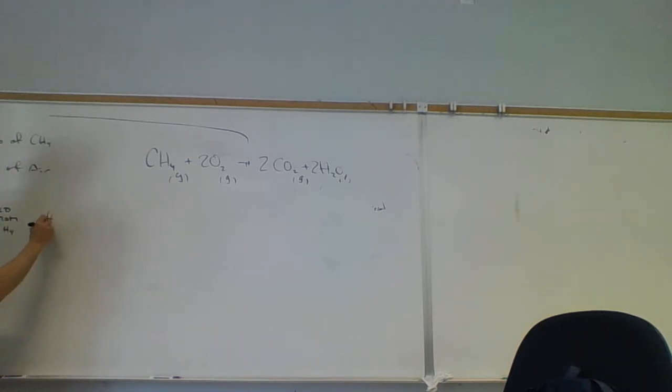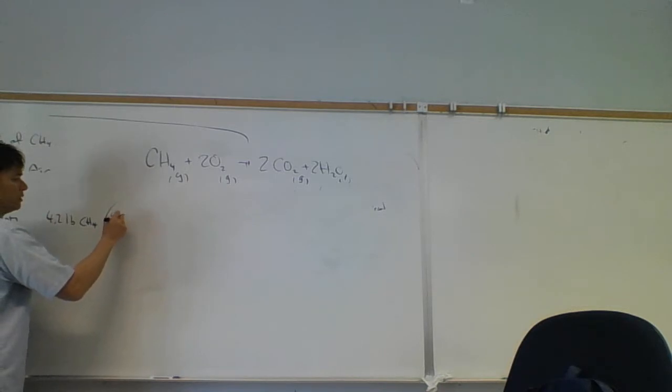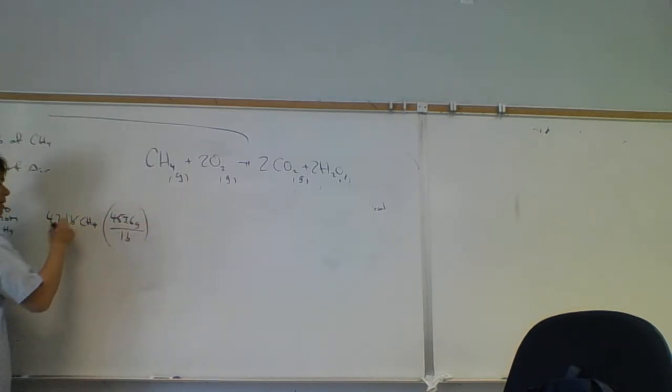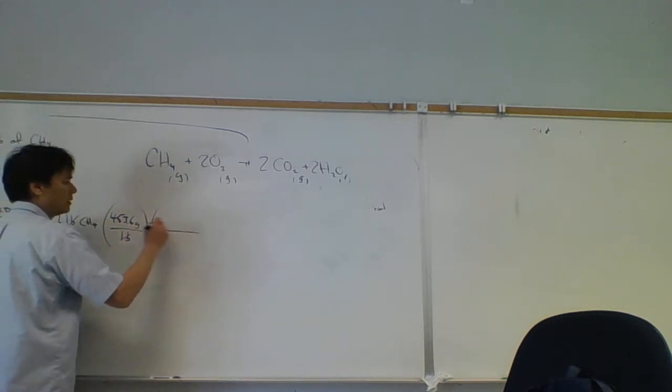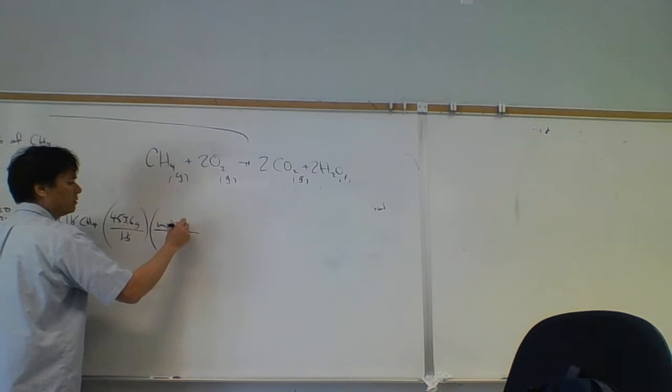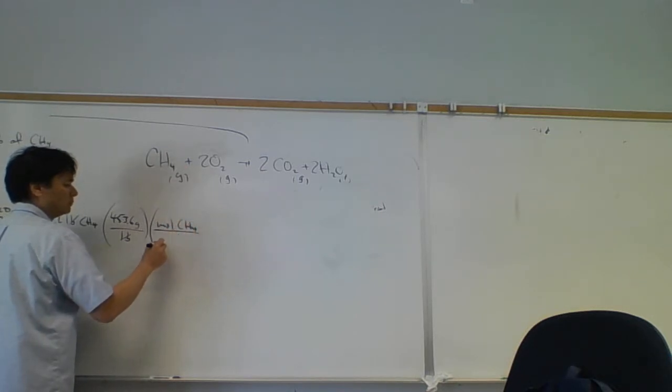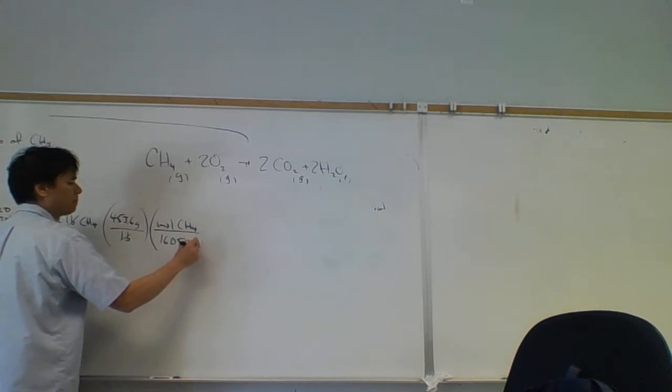And so I go 4.2 pounds of methane, CH4, and then we want to go to grams. So the conversion factor here is 453.6 grams per pound. And so that gives us grams of methane. From grams of methane, we know the molar mass of methane. A mole of methane molecules weighs 16.05 grams.